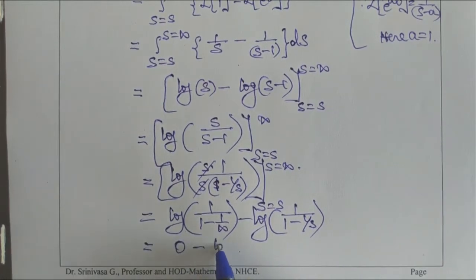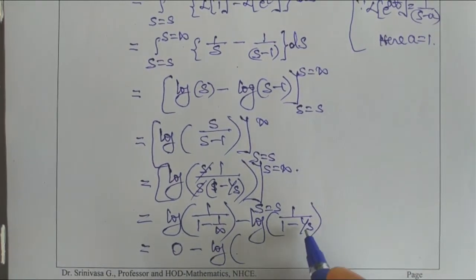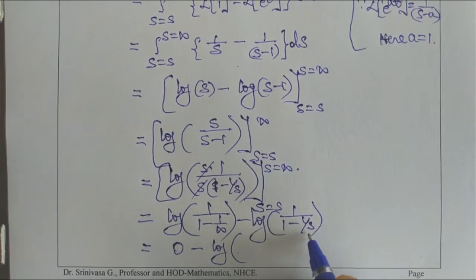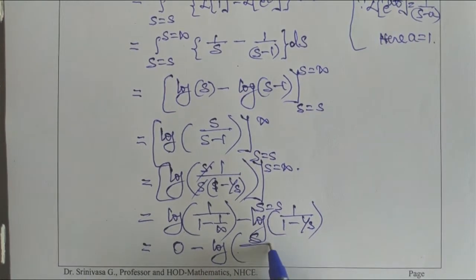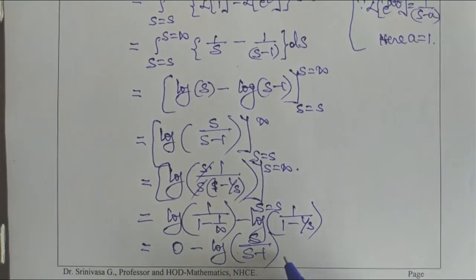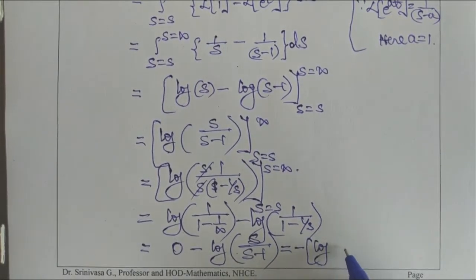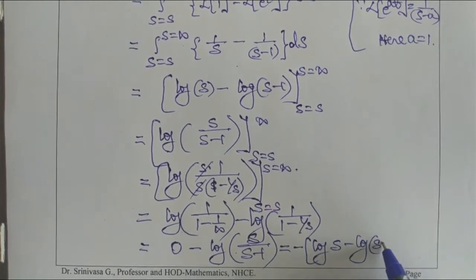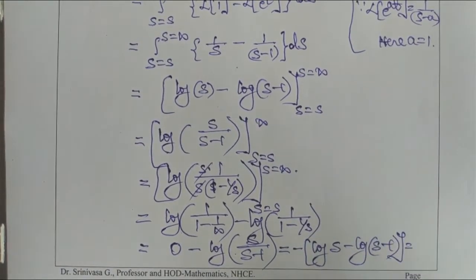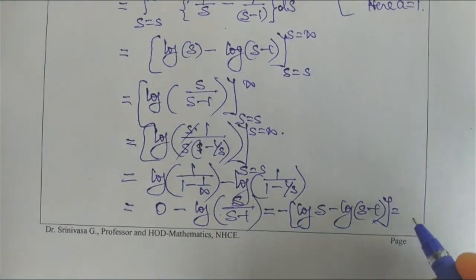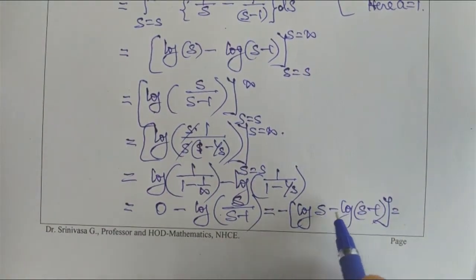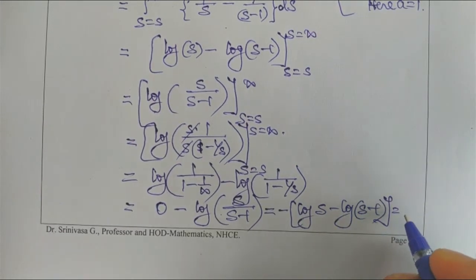Minus log of this; if you take LCM, s minus 1 divided by s, s goes to the numerator, s divided by s minus 1. So this can be written as minus log of s minus log of s minus 1. Because of this minus sign, you take it inside: minus into log s plus log of s minus 1.